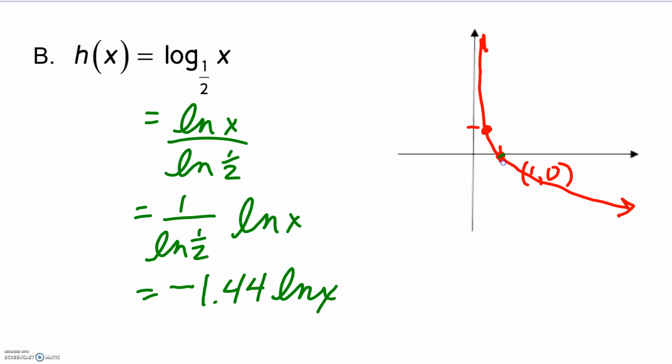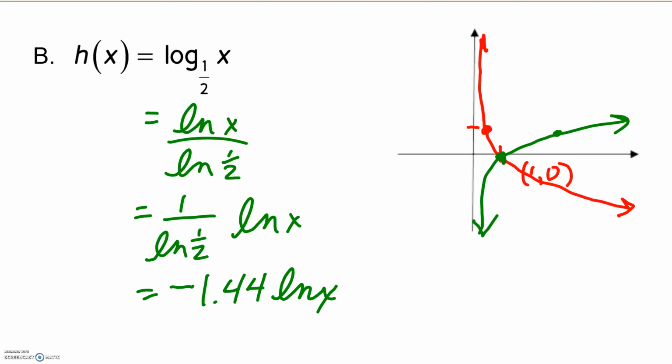Which makes sense because your natural log graph looks like this. And this negative means it's been flipped over the x-axis, and then it's been stretched by a factor of 1.44. So you can see where this decreasing graph now comes from.